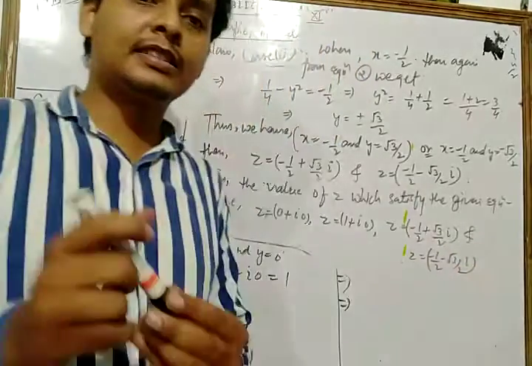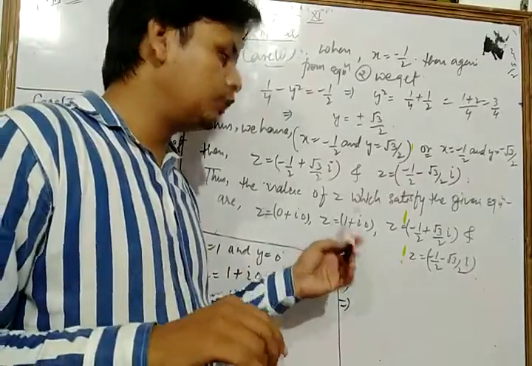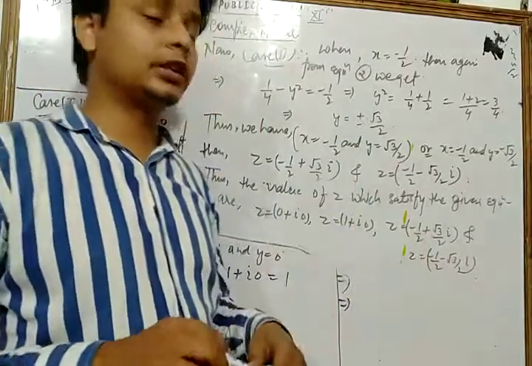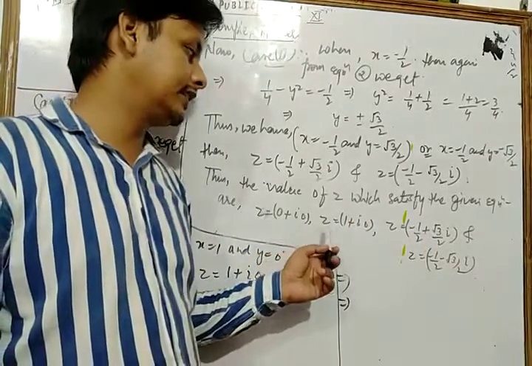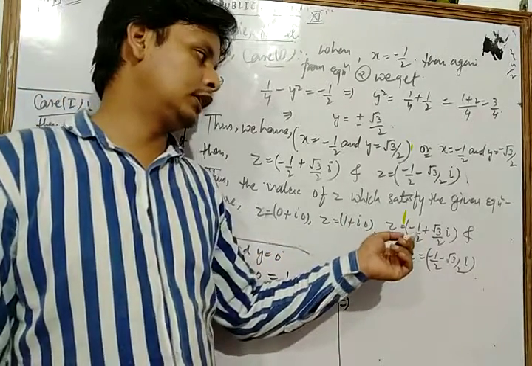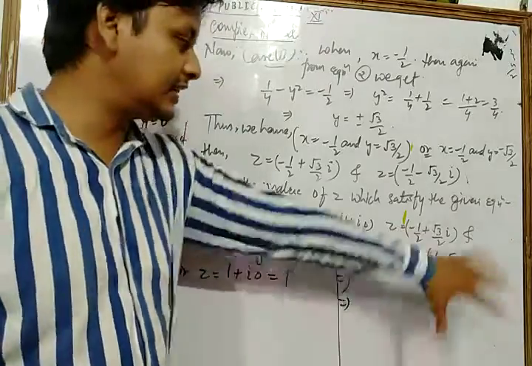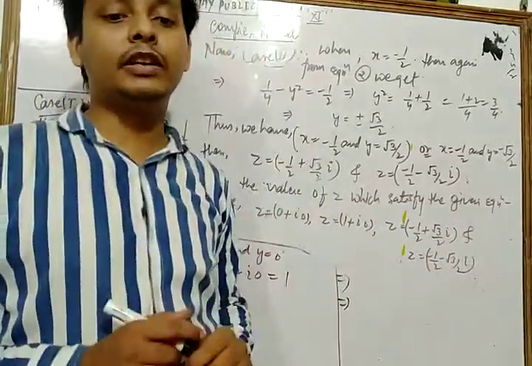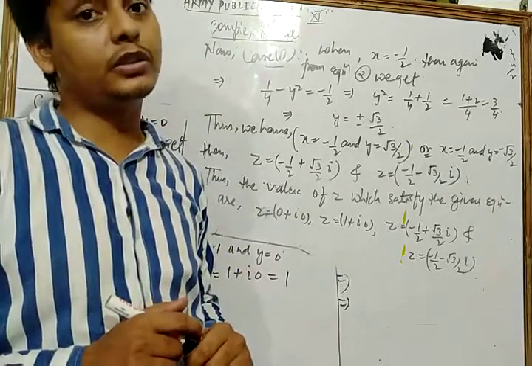So dear students, these are the solutions of the given equation z square is equal to z bar.